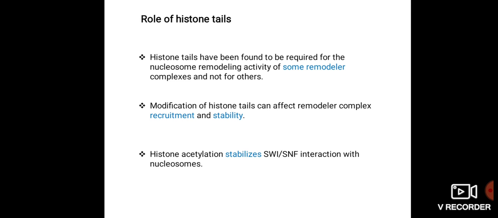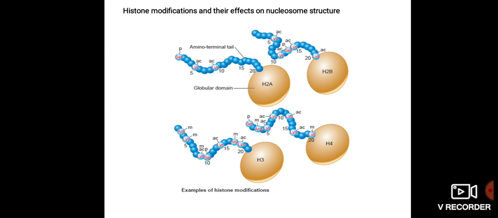So histone tails are going to be very important because they act as a site for binding with the remodeler complexes. Modification recruits the remodeler complexes and stability is given. Histone acetylation stabilizes SWI/SNF interactions with the nucleosomes. These are the remodeled histones.